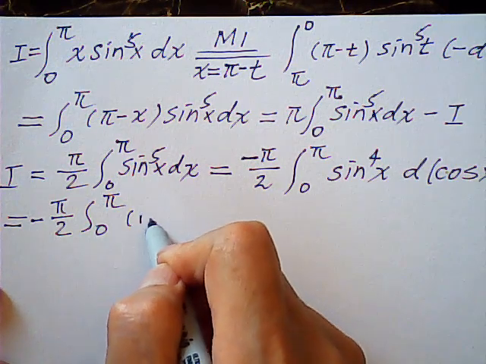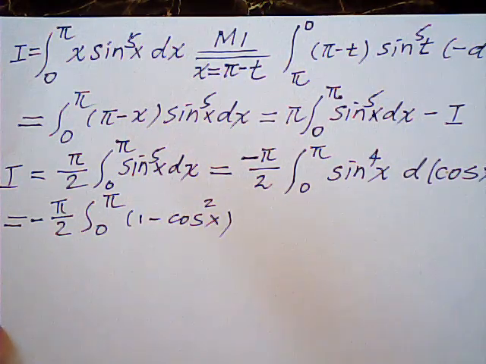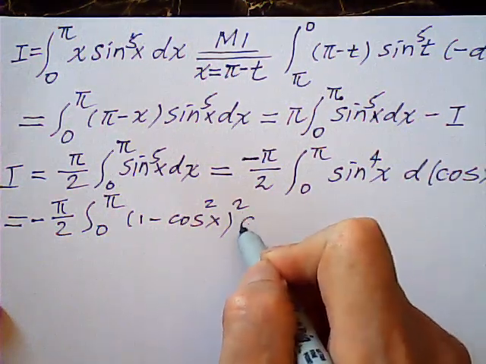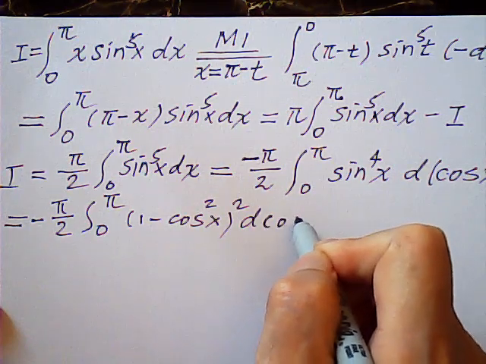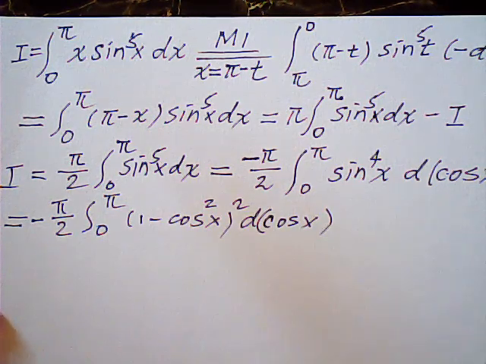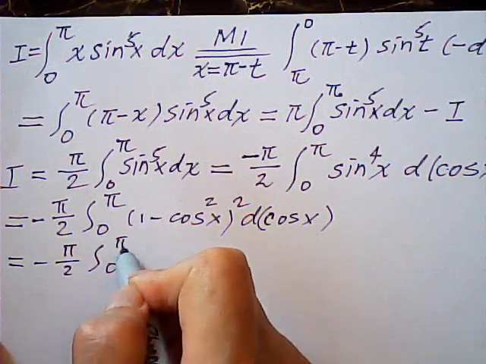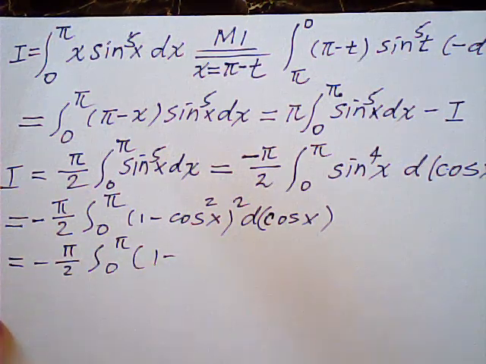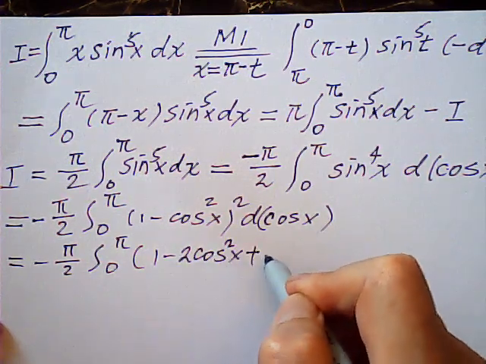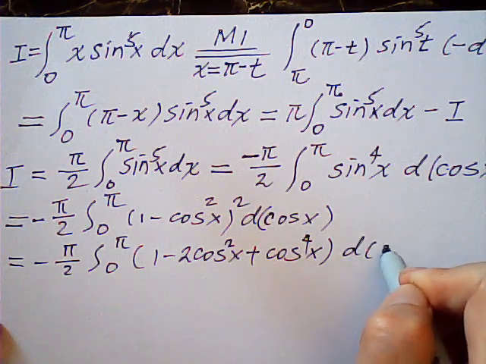This is 1 minus cosine square x, right? Square and a d cosine. Yeah. So this becomes a half pi from 0 to pi. This is 1 minus 2 cosine square x plus cosine 4th x and a d cosine x.